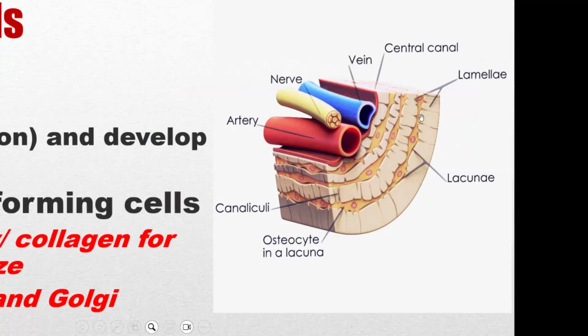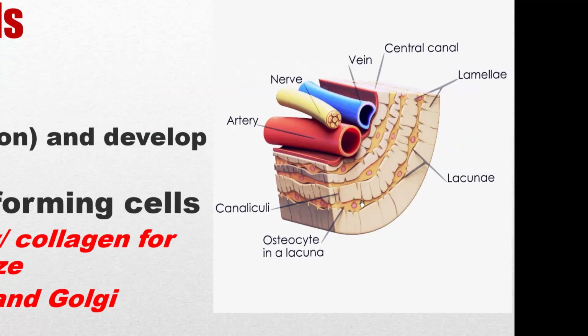Each of these beige units is a ring of bone. It should be going in a circle, it's just partly a picture. But there's an osteocyte, and that one, and that one, and that one, all these different ones. They used to be osteoblasts, right? So they make their bone, they basically surround themselves with the bone that they make. So they trap themselves in the bone that they make.